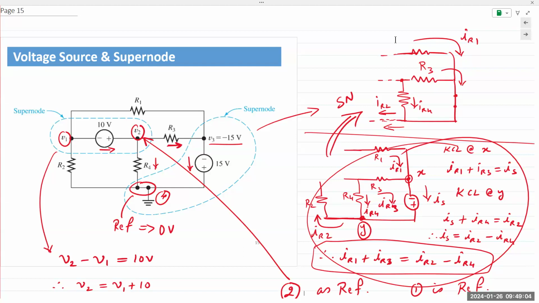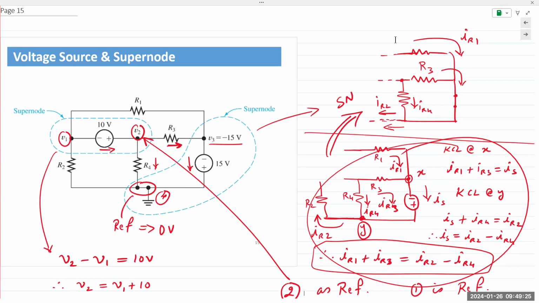The simplest one-line answer would be a supernode is a shortcut. Like voltage division principle and current division principle, they are shortcuts so that we don't have to apply Ohm's law. We can skip one or two steps if we apply voltage and current division.